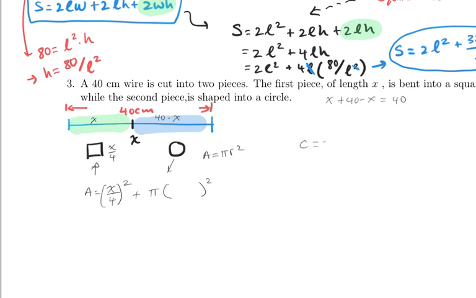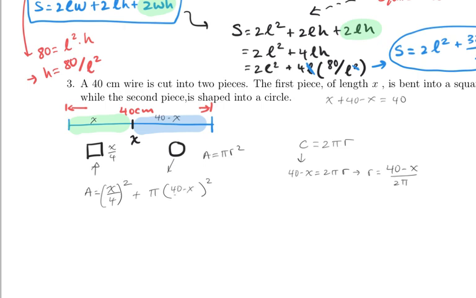The circumference is 2 pi r. And what is the circumference for this thing? It's whatever is left. You're going to need all of this to make the circle, okay? So therefore, from here, that means you have 40 minus x equals 2 pi r. And if you solve for r, it's going to be 40 minus x over 2 pi. So then you plug it in here.